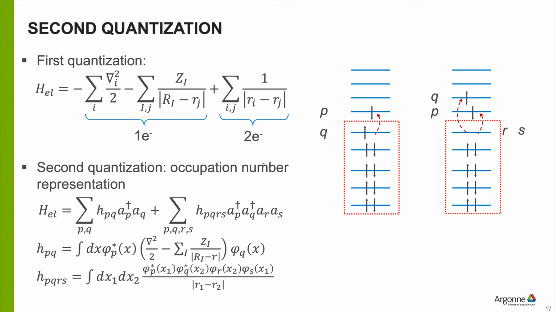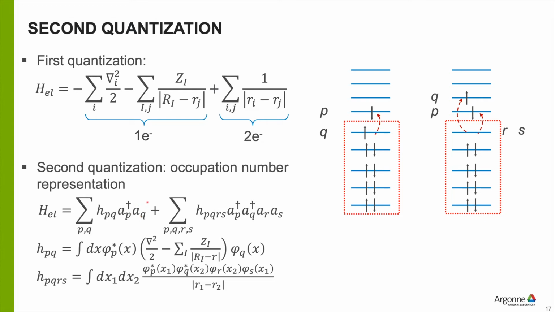And we're mostly working in second quantization when we run quantum chemistry problems on quantum computers, where we have the occupation number representation, where each qubit can be represented as a molecular spin orbital that can be either 0 or 1, and these creation and annihilation operators will either create an electron in a certain spin orbital or annihilate an electron.